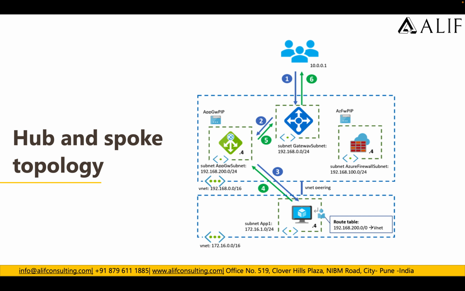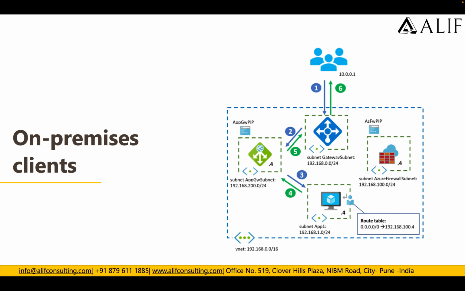It's going to give you less management overhead, because if you put your firewall and your application gateway before or after each other, it's going to give you complexity, because you need to manage a lot of things within the firewall or within the application gateway. Well, how is your on-premise connectivity going to be?